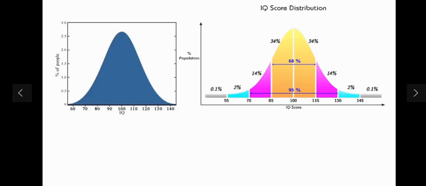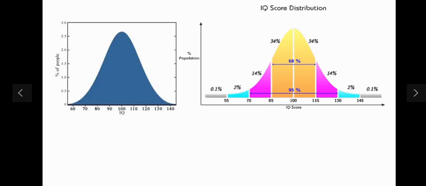In the other diagram, there is a split. For instance, 68% is the normal population, out of which 34% will fall slightly below the mean and 34% will be slightly above the mean. This is between plus or minus 1 SD.